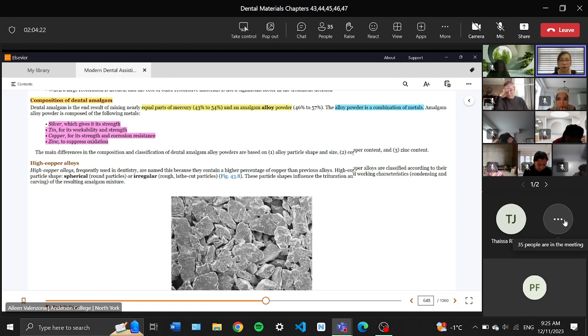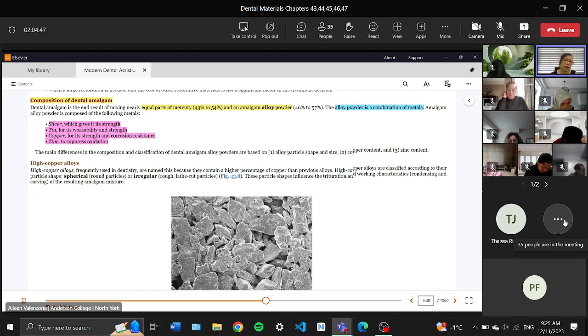We have the silver, you need to know this, which gives its strength. Tin for its workability and strength, copper for strength and corrosion resistance, and zinc to suppress oxidation. So these are the combination of metals that make an alloy. And silver is the main component and it gives strength.